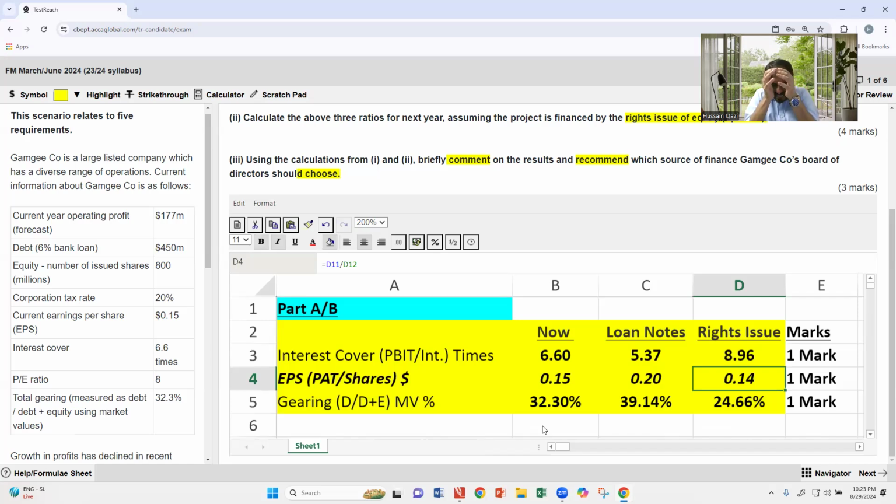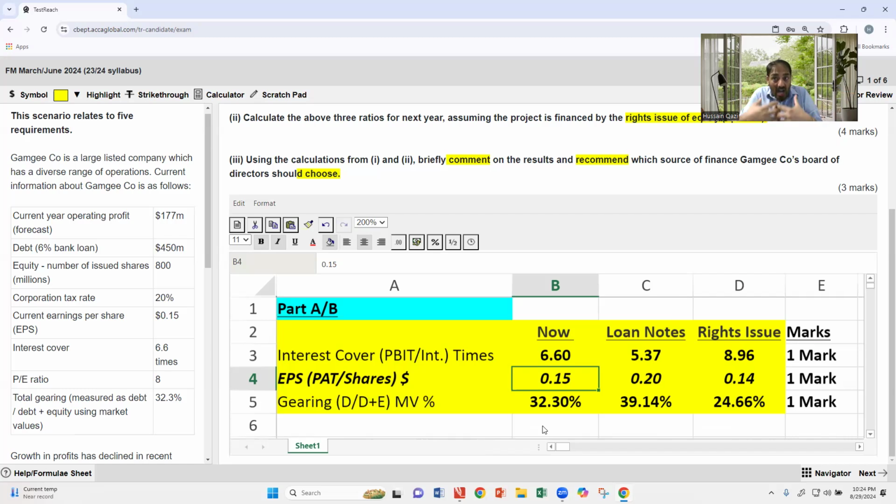So very clearly, the higher the financial risk, the higher the return. Although equity finance has lower financial risk, on the other hand it has lower return. In fact, through the rights issue, our earning per share is reduced as compared to previous or as compared to now. So this is important for the interpretation.